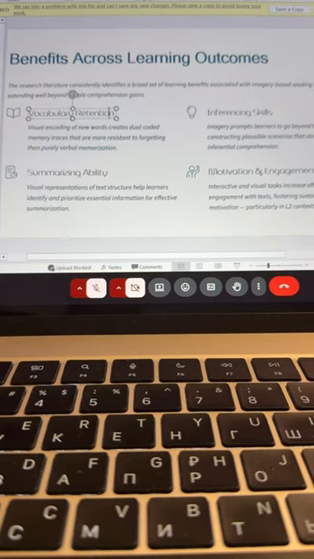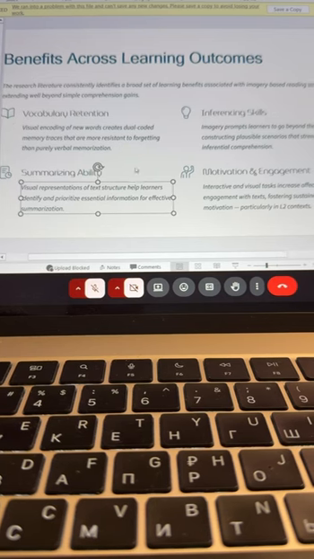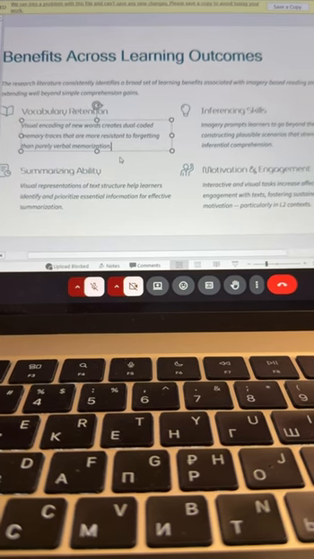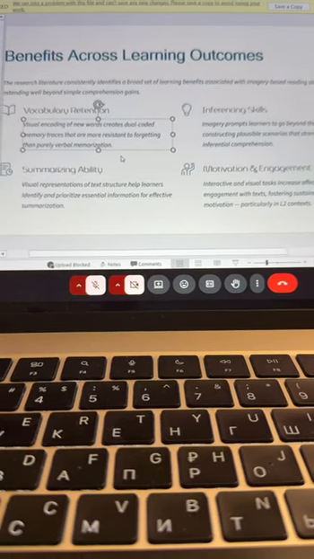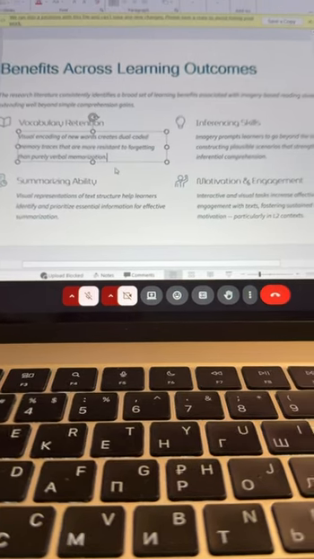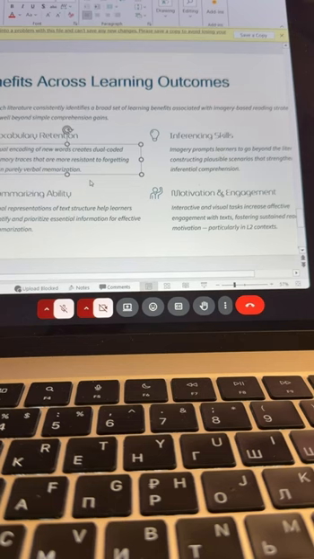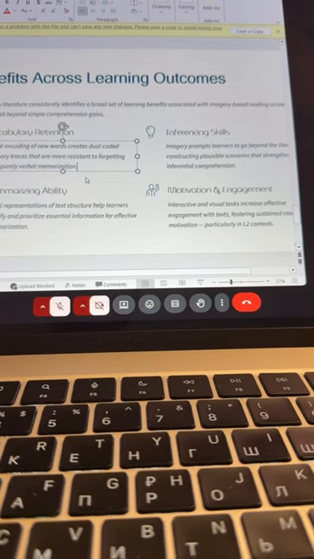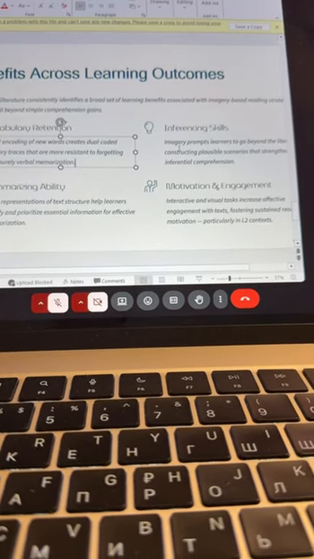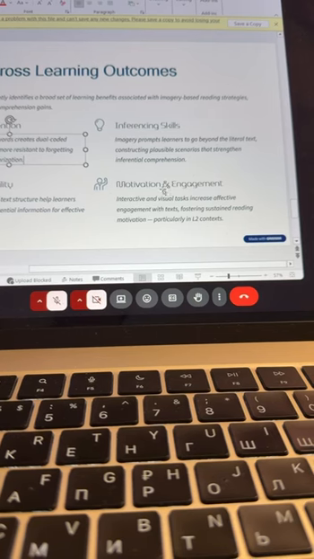And then summarizing ability. So how can it help again? We mentioned some predicting or analyzing. Throughout all those strategies, they'll be able to summarize what the text is about. And then inferencing skills and motivation and engagement.